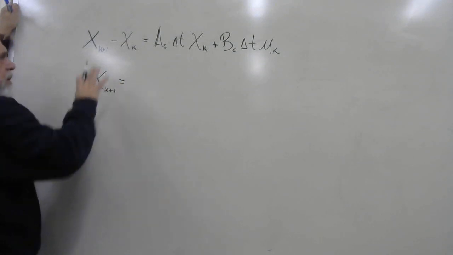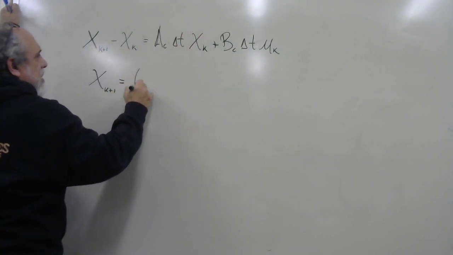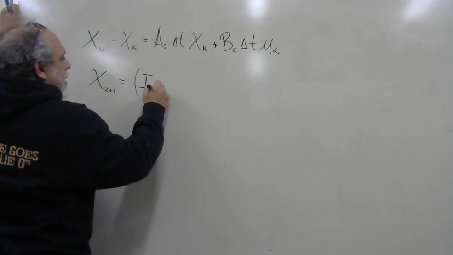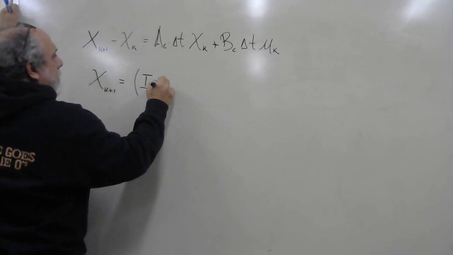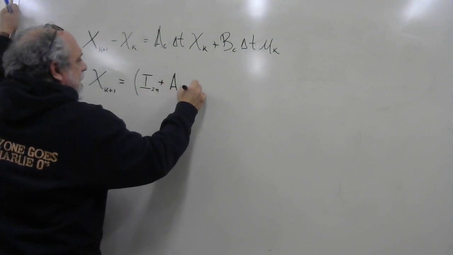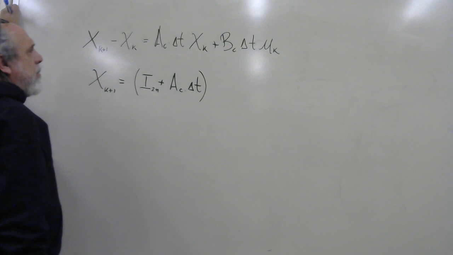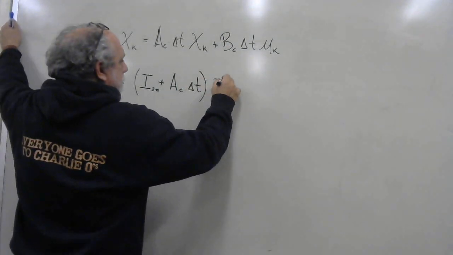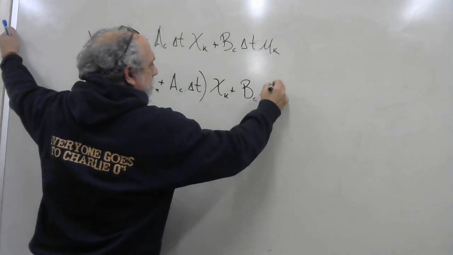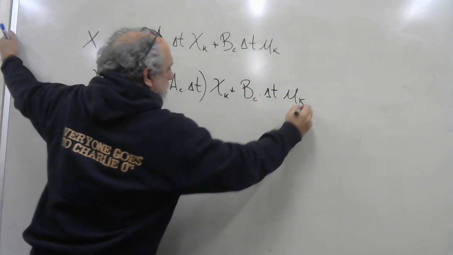X at k plus 1, putting that one on the right side, is the identity of order 2n plus AC times delta t, common factor of xk, plus BC times delta t times uk.